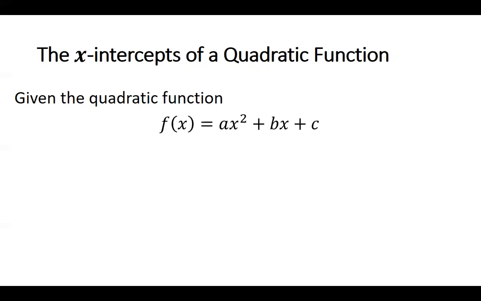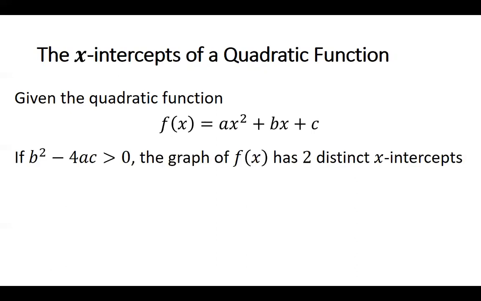If we're using the quadratic formula, then we can look at the discriminant to tell us a little bit about the function. If b squared minus 4ac is greater than 0, if it's positive underneath the radical, the graph of f of x has two distinct x-intercepts, because you're going to have negative b plus or minus whatever we get from that radical over 2a.